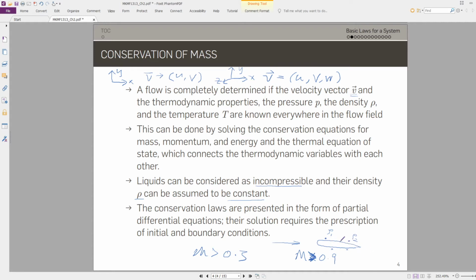There may be shock waves that appear in between the 2 points that we do the measurements on the wings.